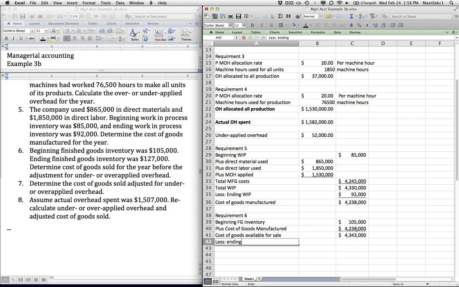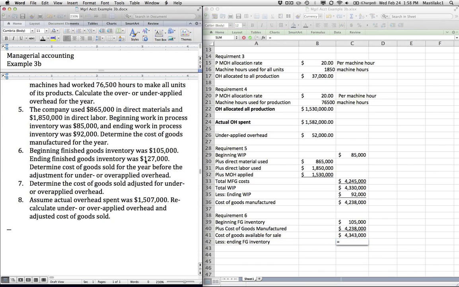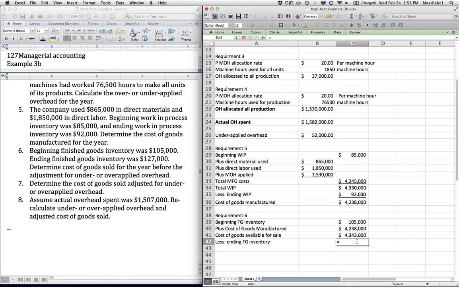Subtract from that our ending finished goods inventory, which is given at $127,000. And that gives us our unadjusted cost of goods sold of $4,216,000.